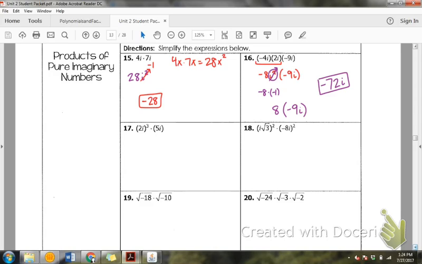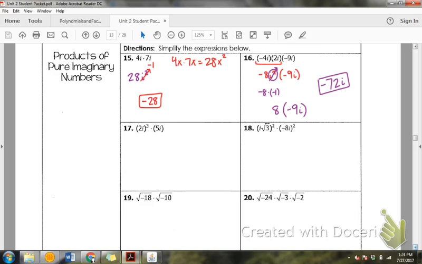I want you to do 1 through 19 odd. So on homework 9, page 14. Page 14, homework 9.